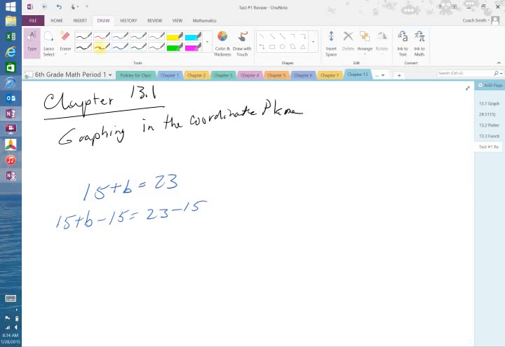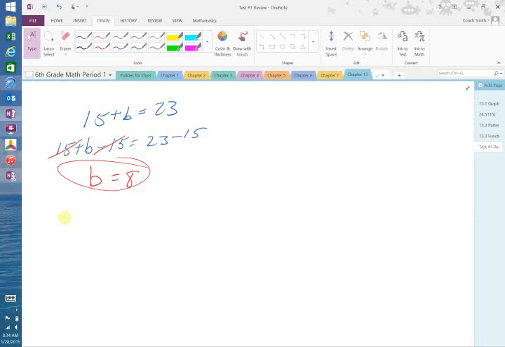On the left side, the adding 15 and subtracting 15 cancel out, leaving me with the b. 23 minus 15 is what? 8. Good. So b equals 8. Remember, to check it, you plug in the 8: 15 plus 8 is 23. So that checks out.